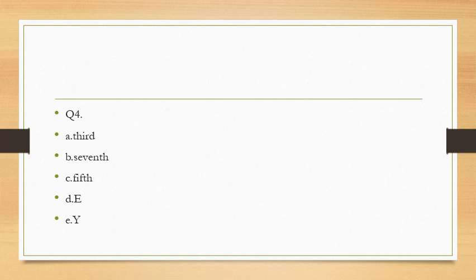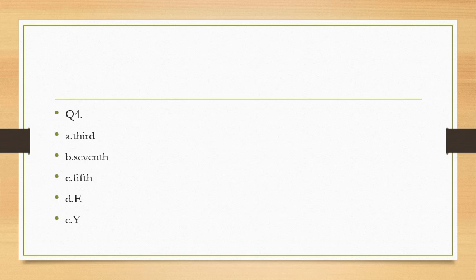April is the fourth month of the year. And May is the fifth month of the year. So children, here you will write fifth.